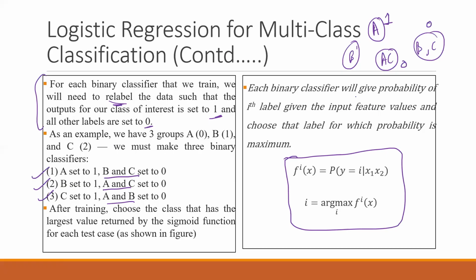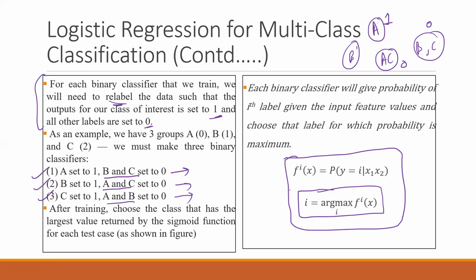So each binary classifier will give a probability. This one will give a probability number, this one will give a probability number, this one will give a probability number. And you have to implement this function in the end, so that whatever it says will be the answer.